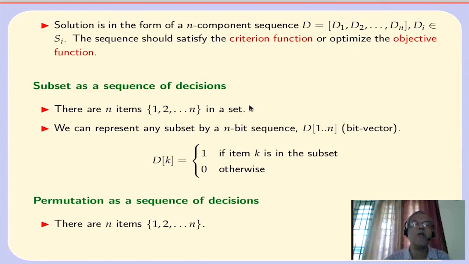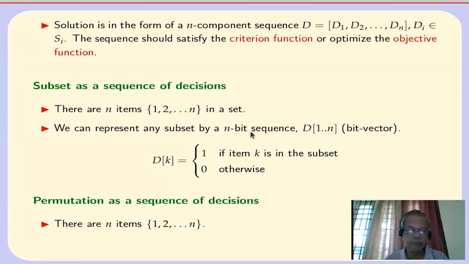I will give an example. What do you mean by the combinatorial structure as a sequence of decisions? Suppose the combinatorial object is a subset. How can we view a subset as a sequence of decisions? There are n items, 1, 2, 3, and so on, n in a set. We can represent any subset by an n-bit sequence, D1 to Dn.